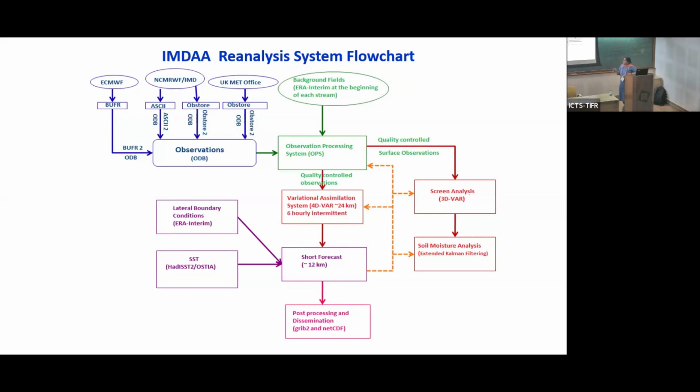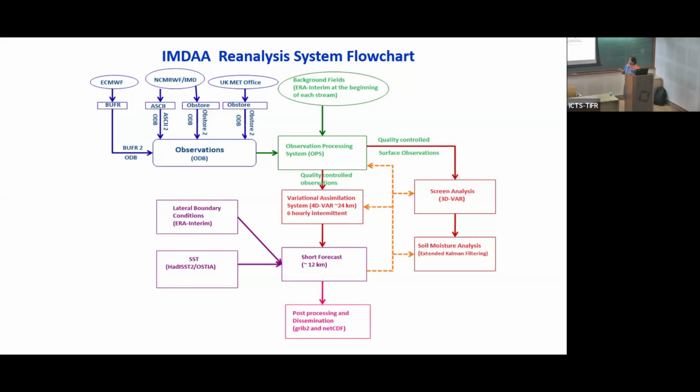Screen analysis, we do that, we have the surface data from SYNOP, buoy, all those things. Since we are not using the actual in situ soil moisture and soil temperature, we produce some pseudo values from the 2-meter surface temperature and 2-meter relative humidity. From that we do some screen analysis. We have the data, but we are not directly assimilating the in situ soil moisture.